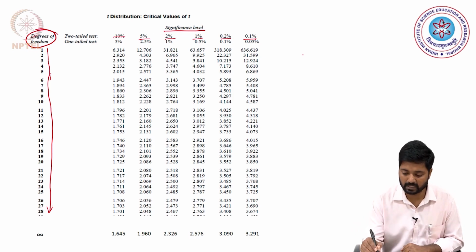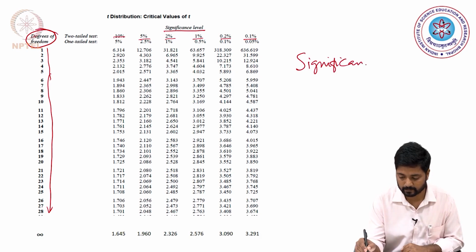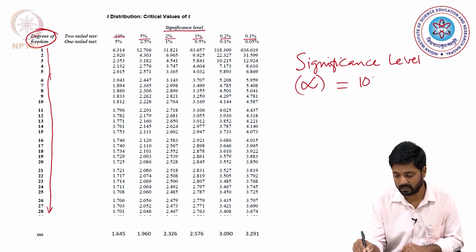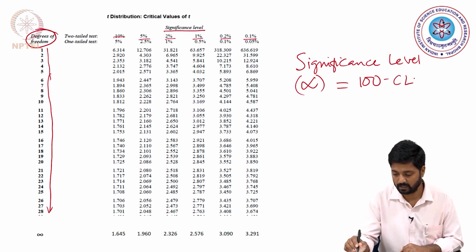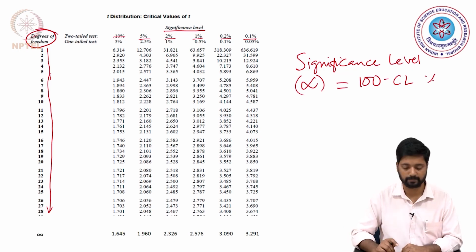Now significance level is denoted as alpha and is nothing but 100 minus the confidence level in percent.